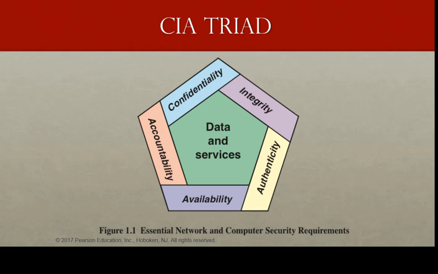The CIA TRIAD. These three concepts form what is often referred to in computer security as the CIA TRIAD. The three concepts embody the fundamental security objectives for both data and for information and computing services.